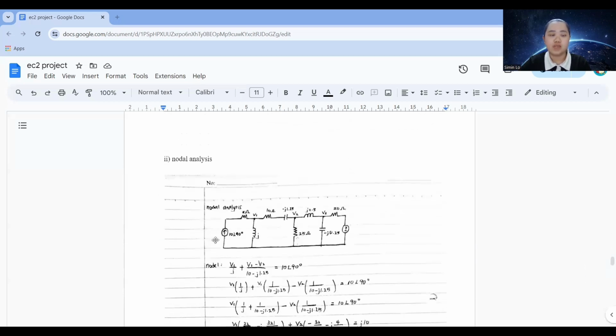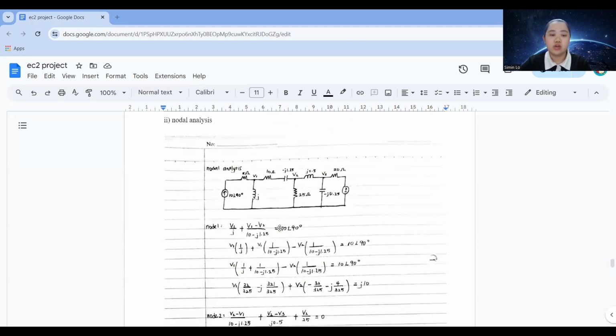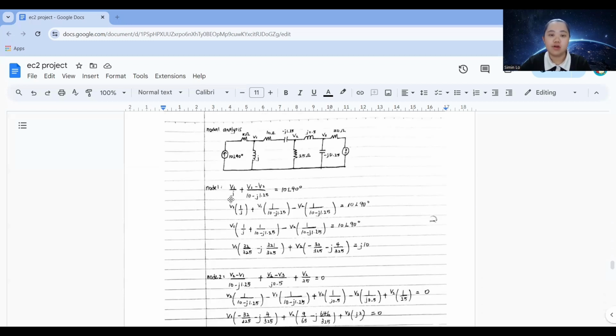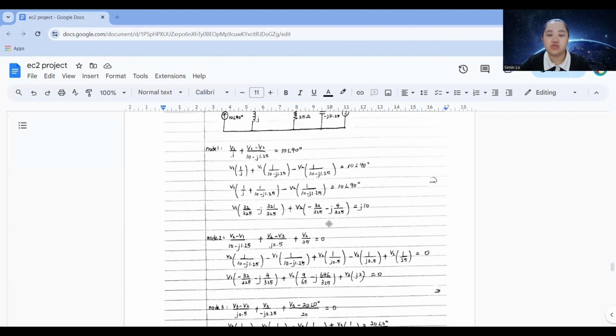Second, we solve the circuit by using nodal analysis. For node 1, we use Kirchhoff's current law and determine the current flow. For node 1, the equation is V1 times (32 over 325 minus j 4 over 325) plus V2 times (negative 32 over 325 minus j 4 over 325) is equal to j10.